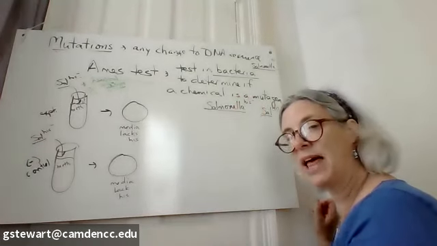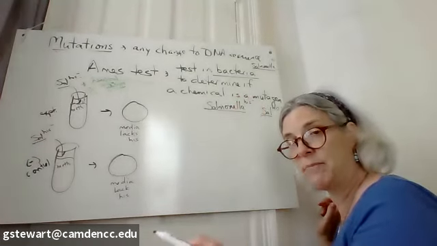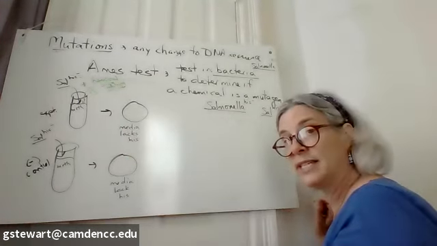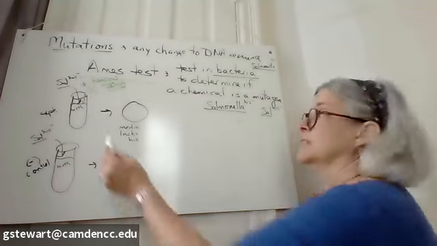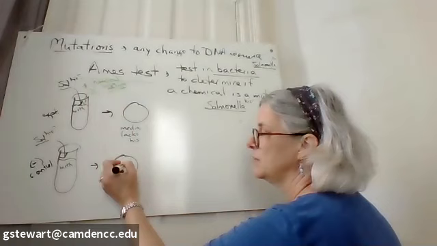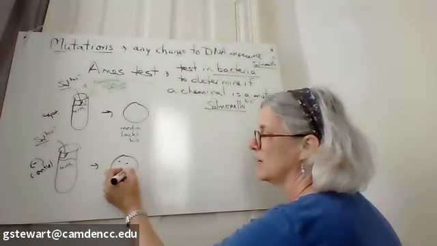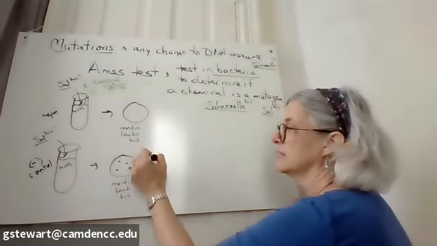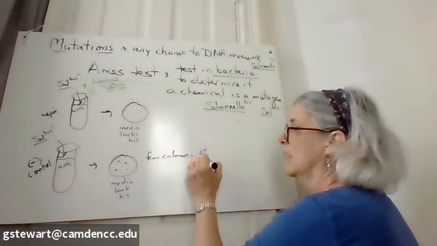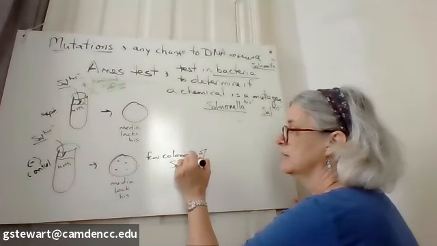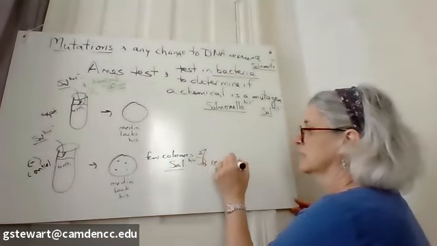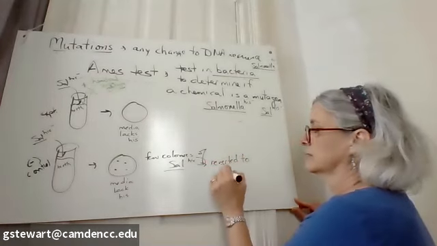If I don't supply it as a supplement in the media, the bacteria, if it's wild type, won't be able to grow. However, in our negative control, there are always a few colonies of our Salmonella His minus that we say reverted to His plus.